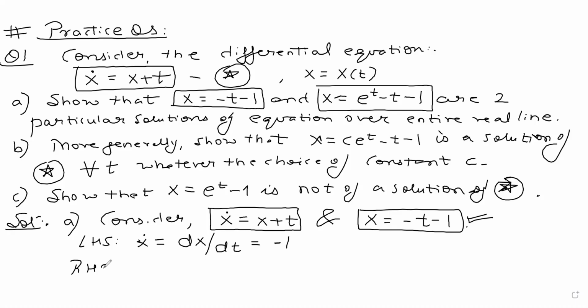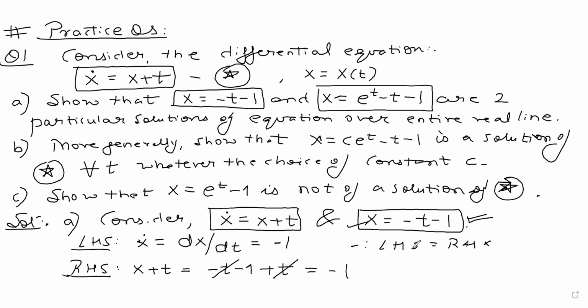My right hand side is x plus t. What is x? X itself is nothing but minus t minus 1 plus t. Minus t and plus t cancel, we get minus 1. LHS is equal to RHS for all values of t. Clearly, all students can see that LHS is equal to RHS for all values of t.